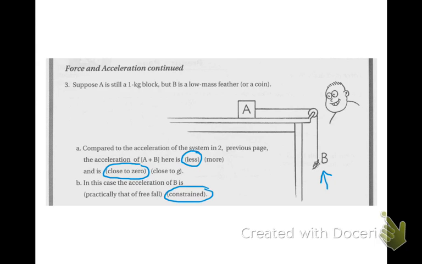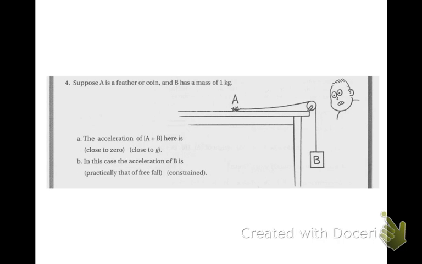So now I want you to pause the video and try question 4 on your own. Hopefully you paused the video, and now we're going to try question 4. A is now the feather or the coin, and B has a mass of 1 kilogram.